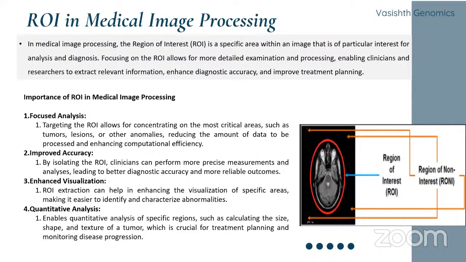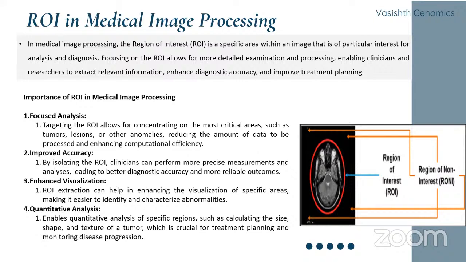Next is ROI. ROI stands for region of interest, and it is mainly used in medical image processing. Especially you will find this ROI in MRI images for detecting things like schizophrenia or Alzheimer's, or any neurological disorder, because the MRI images you get are of the brain.